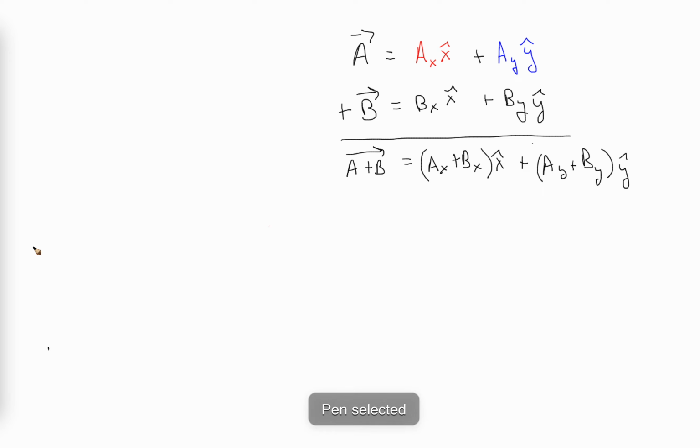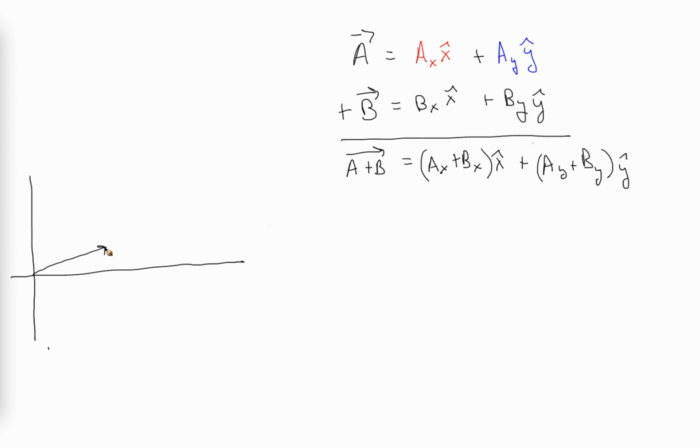So what would we have if we went? Let's draw a coordinate system here, and let's say this was our first vector a, and this was our second vector b. Okay, so this is a, and then this is b, and we're adding them together to get a new vector c. So this is the vector a plus b. Is that the same thing as this? Well, let's look at the x component first.